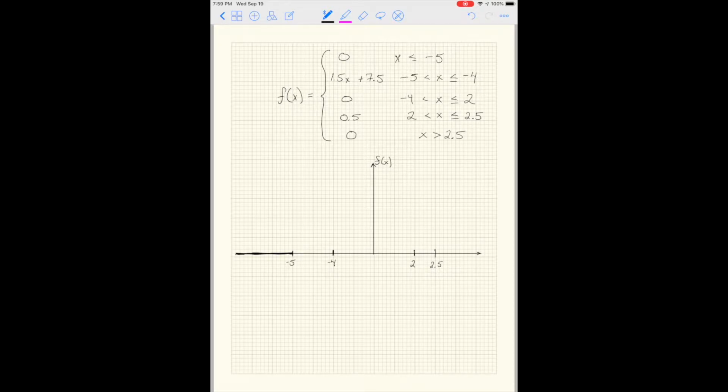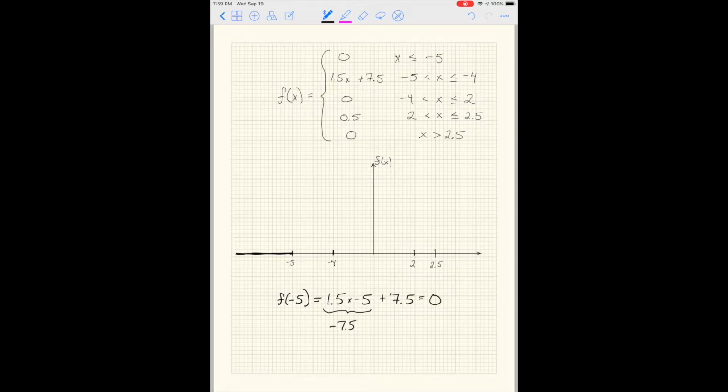Well, if I plug -5 into f of x, then I can see that f of -5 is going to be 1.5 times -5 plus 7.5. Well, half of 5 is 2.5, so 1.5 times -5 is -7.5. So that's just going to be equal to 0.